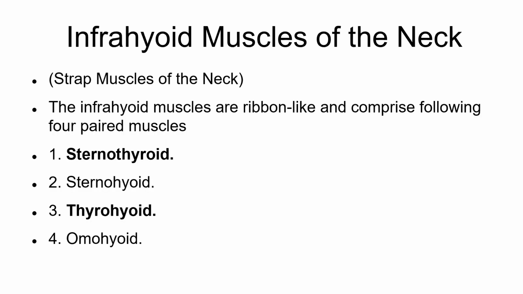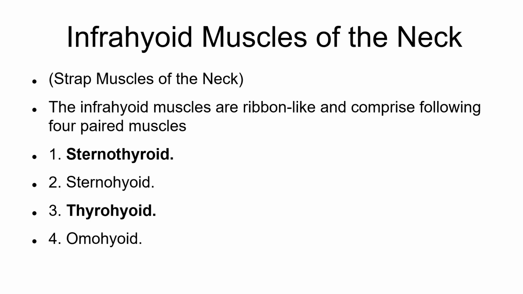So from the previous slide that we have seen, we know that two of the extrinsic muscles of the larynx are sternothyroid and thyrohyoid. These extrinsic muscles are also infrahyoid muscles of the neck, which are also called the strap muscles. Infrahyoid muscles means the muscles which are present below the hyoid bone.